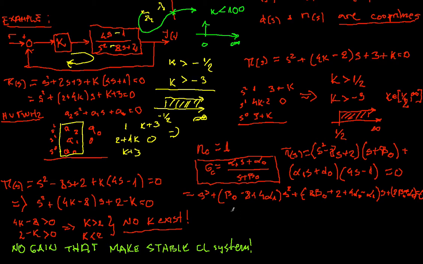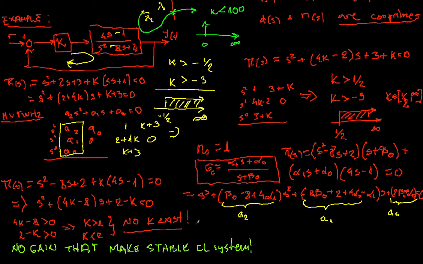Okay, now as we know that all of these terms have to be positive, we can assume and choose the stable characteristic polynomial. In other words, I will choose some A2, I will choose some A1, and I will choose some A0.